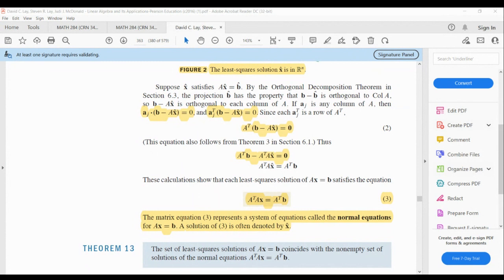So what we're looking for in our example is the least squares solution of the system A times X equals B, where our matrix A consists of column vectors 4, 0, 1 and 0, 2, 1, and the vector B is 2, 0, 11. And now we're going to utilize these normal equations to find the least squares solution. Okay, so let me take you through that process here.